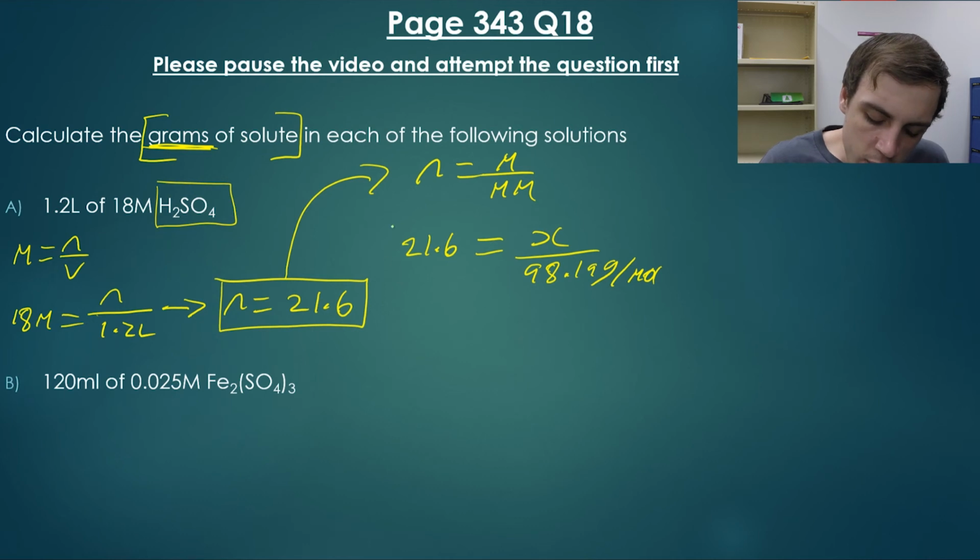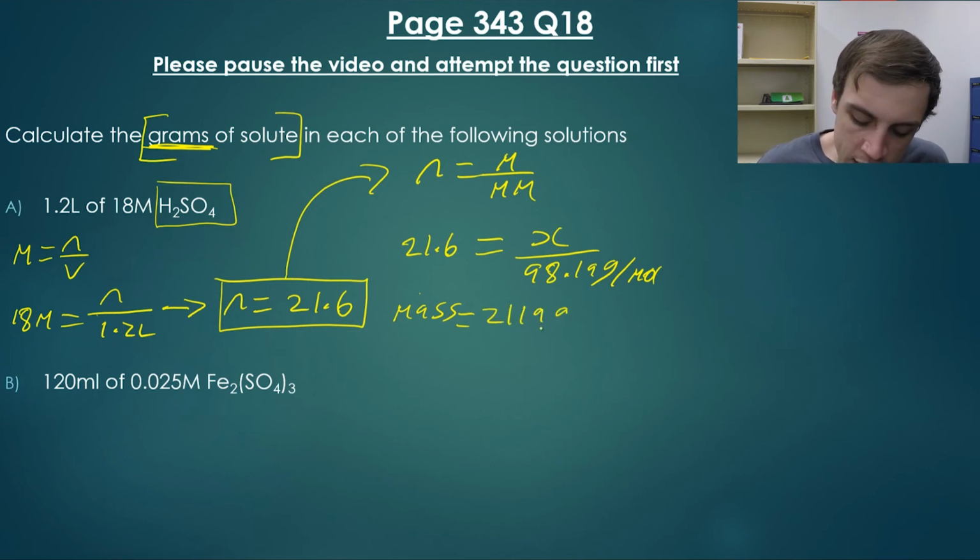So again, we rearrange this. So 98.19 times 21.6, and that's going to give us a total mass of 2,119 grams. So let us look at the next one now.